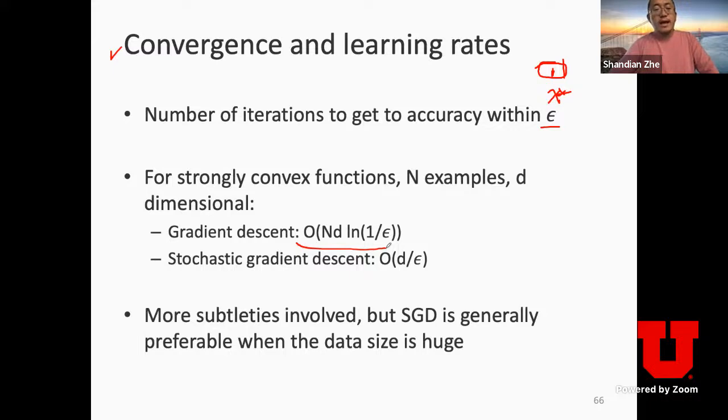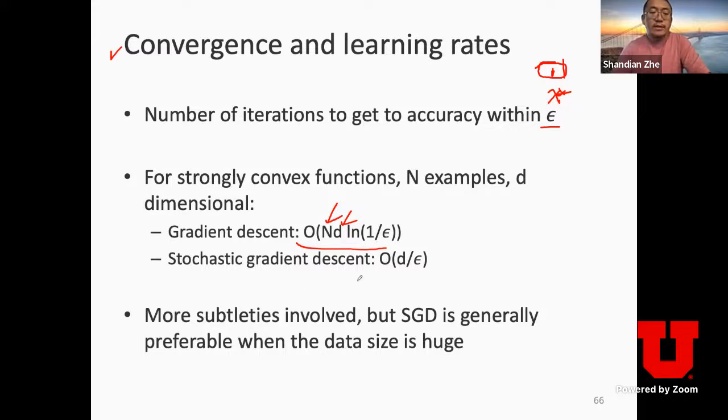You can see that the number of iterations is proportional to the number of training examples, and also proportional to the dimension of the instance space, and to 1 over epsilon. Of course, this is reasonable: the closer you want to get to the ground truth minimum, the more iterations you will need. And it is times the logarithm of 1 over epsilon.